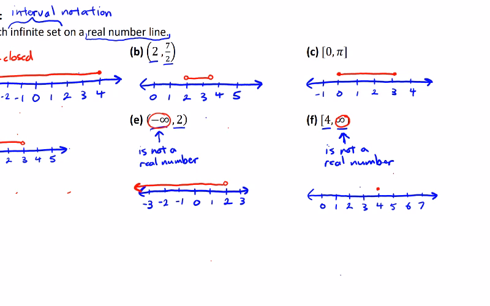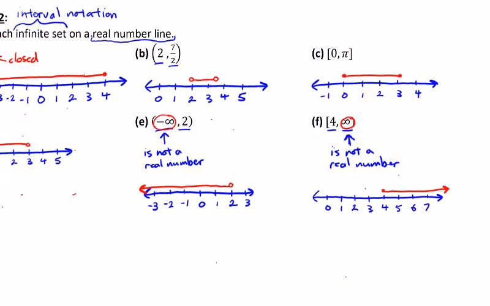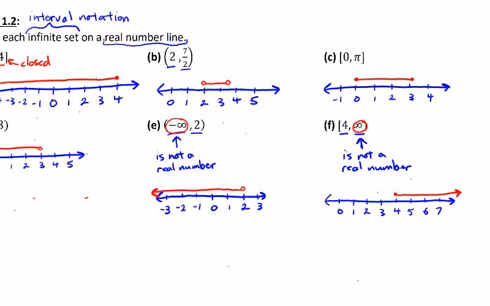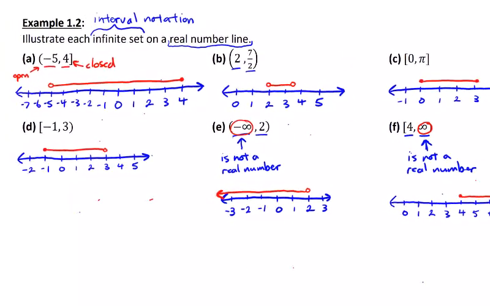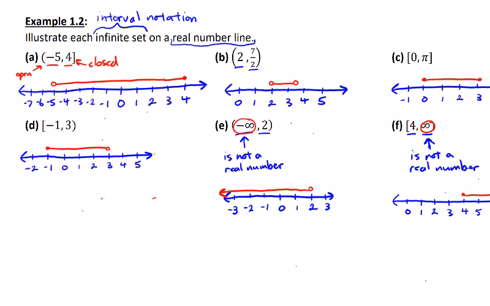It's going to continue on forever. It's unbounded in that direction. So as I start from 4, I'm going to continue on to the right, and I should do so forever, and so the arrow there represents that. So all these examples were examples of infinite sets that were not your natural number, real number, rational number, or the integer set.